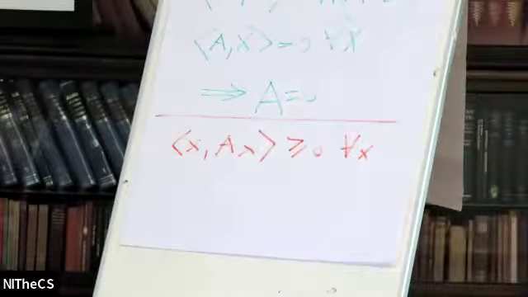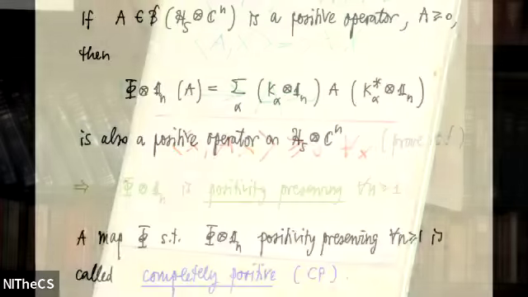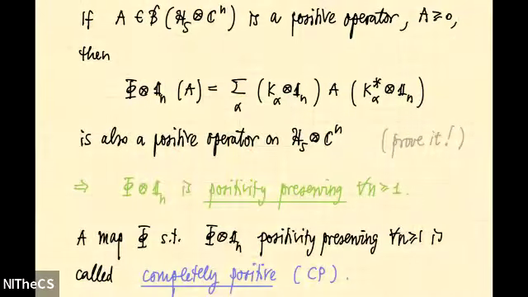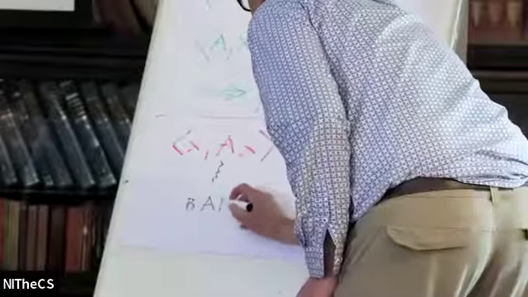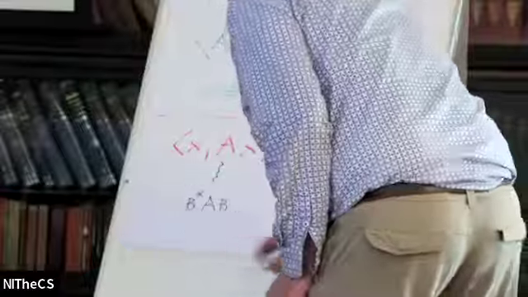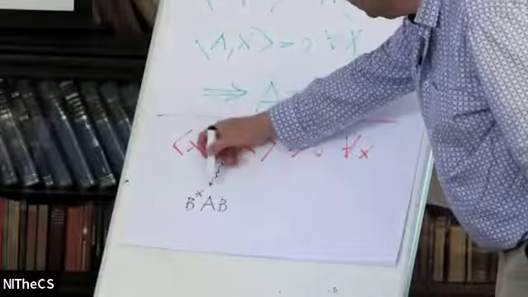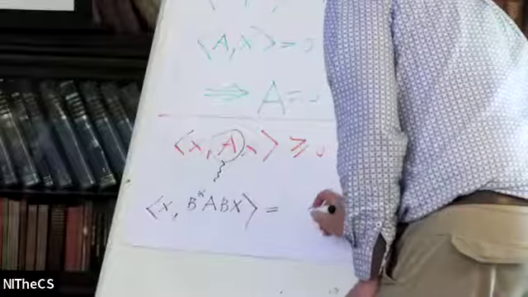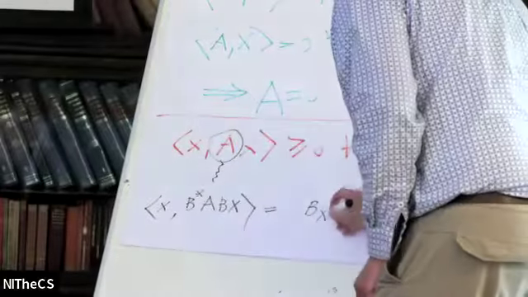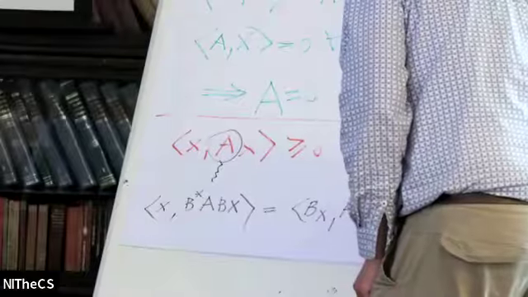And now I was going to tell you why. If I modify this A, and instead of A I put an operator A which is conjugated by a B, B star A B, for example, then this is automatically positive as well. Because if I use this criterion, I can take the B over here: Bx, A, Bx.